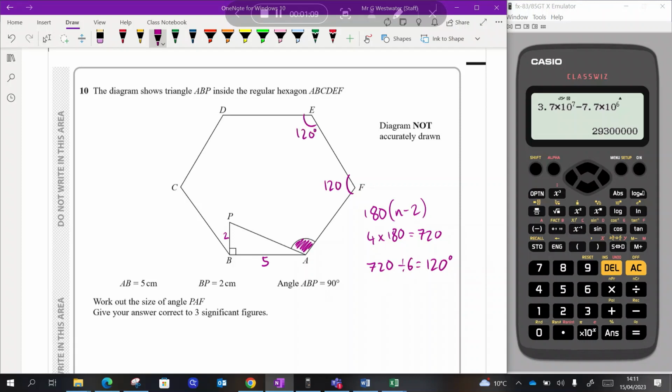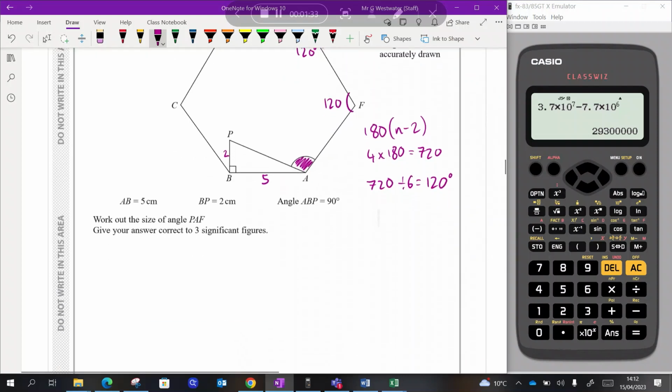The other way, which is actually the way I would have done it, is to say external angles all sum up to 360. So 360 divided by 6 is 60. So my external angle is 60 degrees, and therefore my interior one is going to be 120 because they sum to 180. So that's part 1.